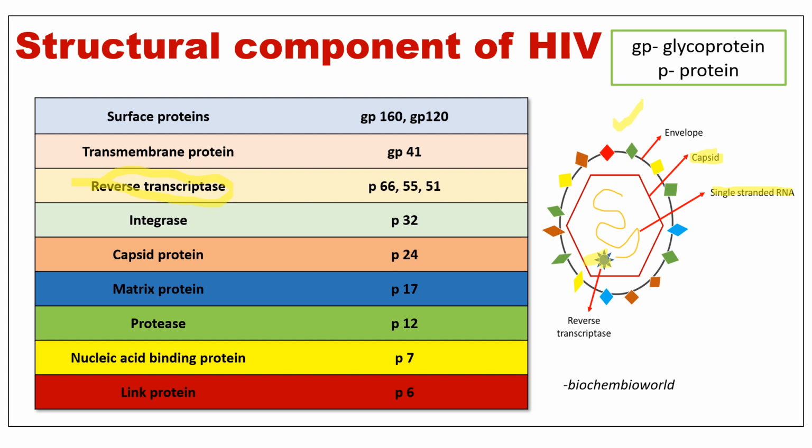Then the capsid is surrounded by an envelope, which has a number of surface proteins and transmembrane proteins, which are responsible for entry into the host cell. The proteins responsible for entry into the host cell are present in the envelope, and in case of HIV, it is GP120 and GP41.